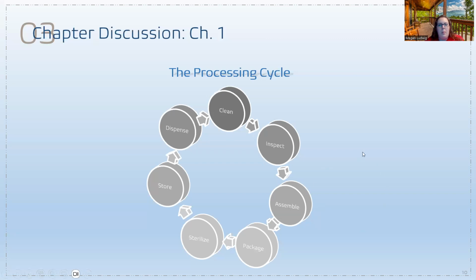All right, so let's talk a little bit about the processing cycle. So kind of going back to the workflow that we talked about before, you have these clean items going between the two rooms, okay, to render it clean, not necessarily sterile yet, sorry. You're going to inspect the items to make sure that they're safe for use.